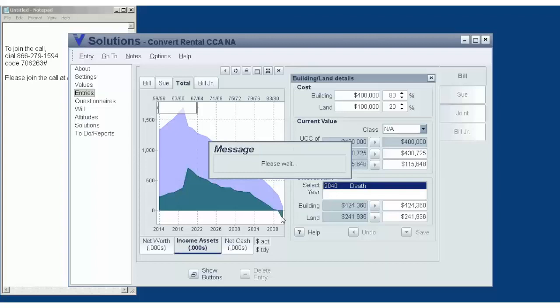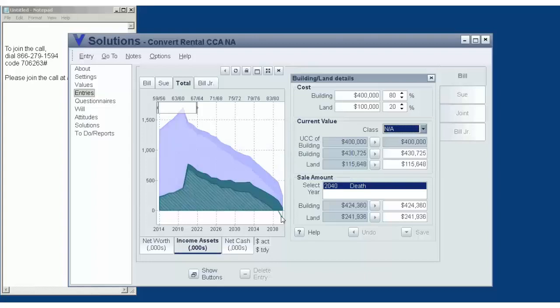So remember, we're not getting more money in our pocket in enhanced cash flow because we're not making that CCA claim every year. But by the same token, when we do the conversion, we're not ending up paying a whole lot of tax on that past CCA. And when we look at this and roll our mouse over it, remember the solid area represents total income assets after the change, and the shaded area is total income assets before the change.